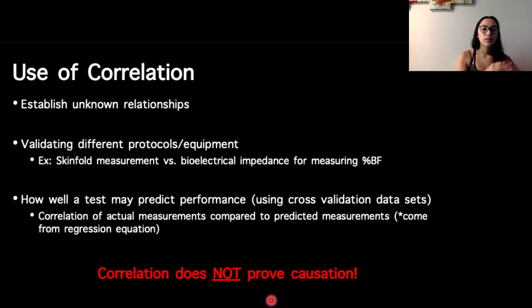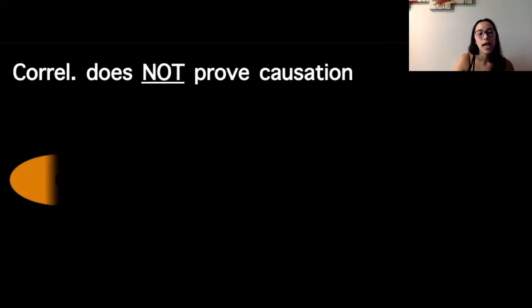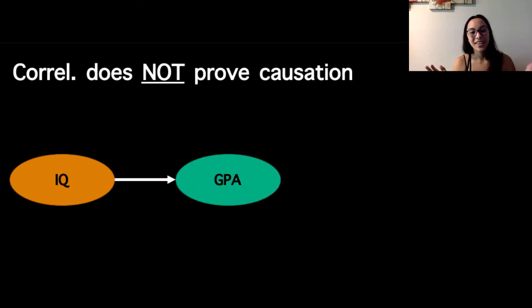Okay, so that's the relationship aspect. Effect or causation, cause and effect, is the outcome of this variable is due to the effects or manipulations of another variable. We can't necessarily say that with correlations. We can only say this is the relationship that exists, but we can't say that one variable caused the outcomes of another one.